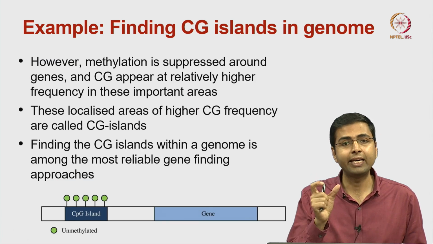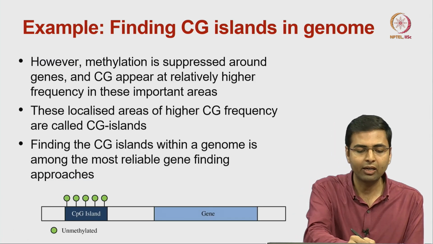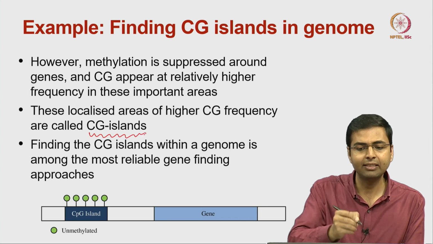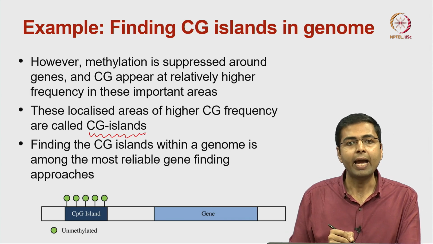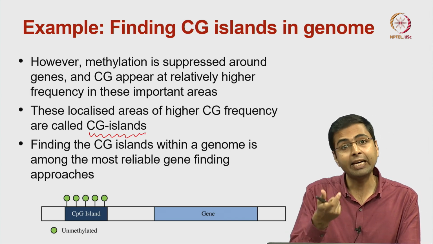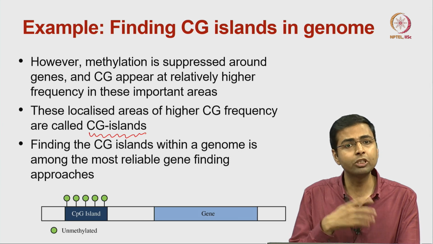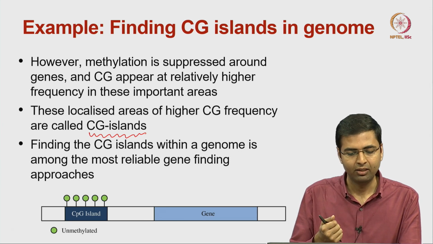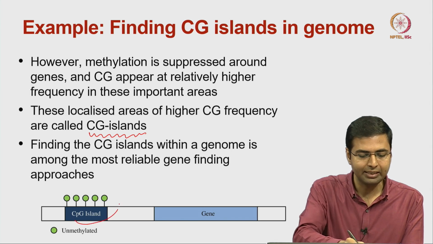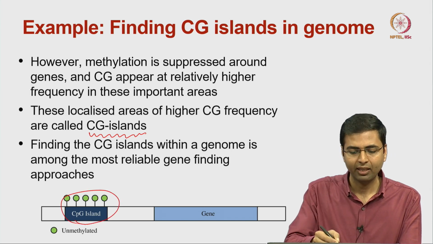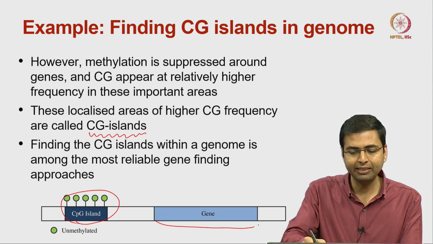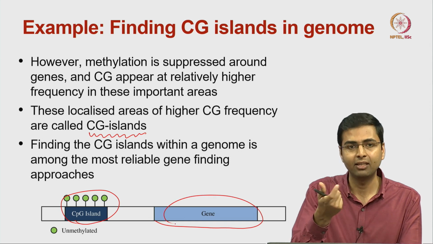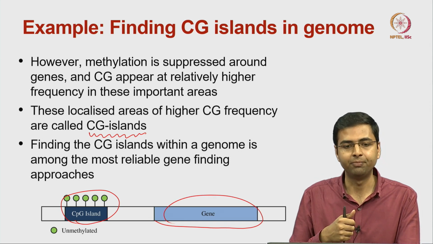These localized areas with higher CG frequency are called CG islands, and therefore finding these CG islands within a genome sequence is among the most reliable gene finding approaches. Because if we can locate these CG islands reliably, then we know that the complete gene sequence is in the vicinity of that CG island.